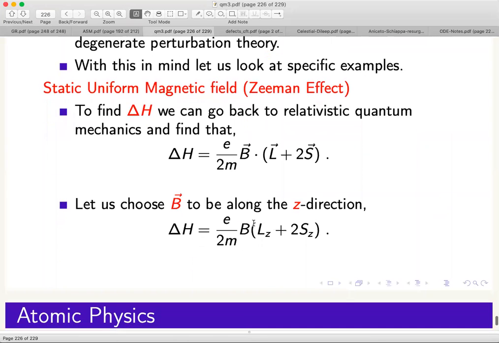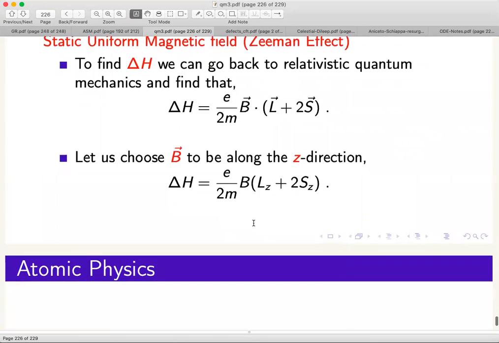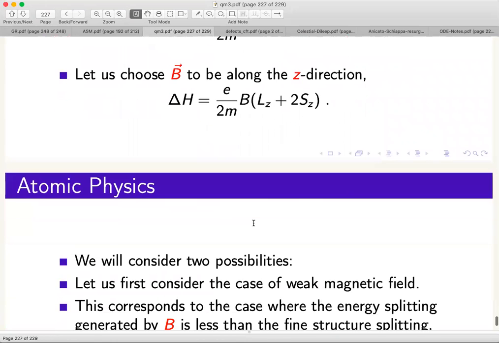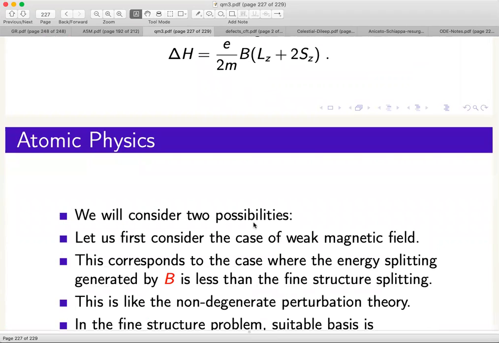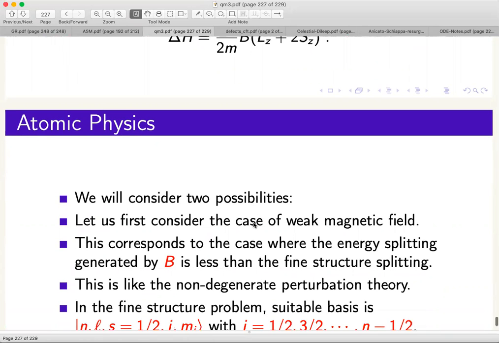What we want to do is to divide this problem into two possible cases. One possibility is to have a weak magnetic field, and the other possibility is, of course, to have a strong magnetic field. So let us start with the weak magnetic field problem first.